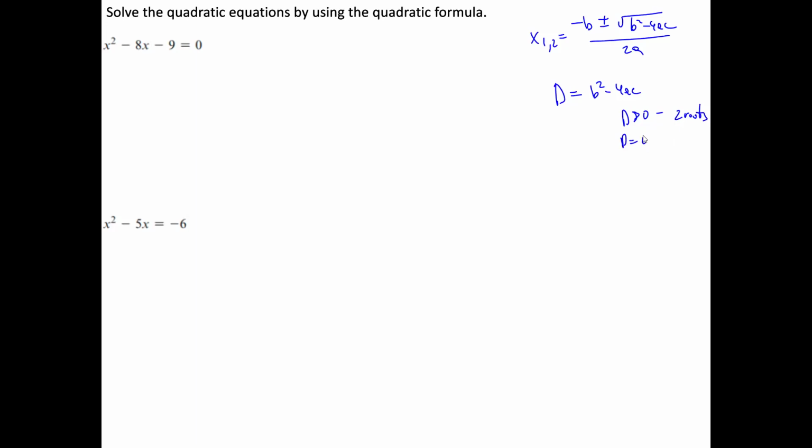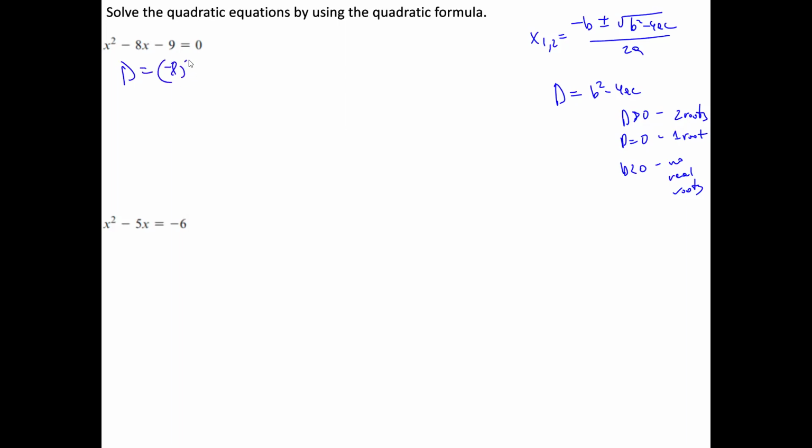If D is 0, that's one root, but it's a double root. If D is less than 0, no real roots. So I offer to analyze that first and then do the rest. If you like, you can use that formula directly. It's up to you.